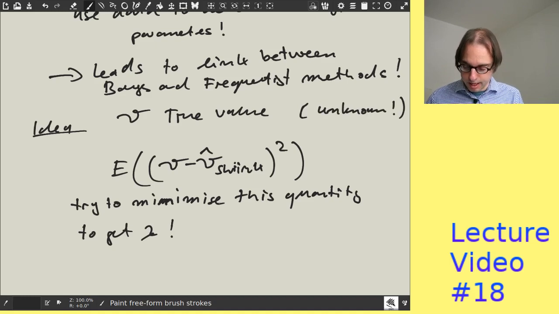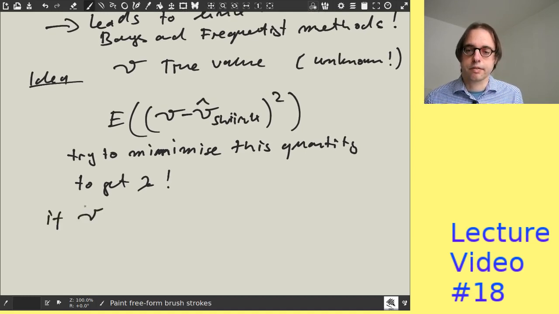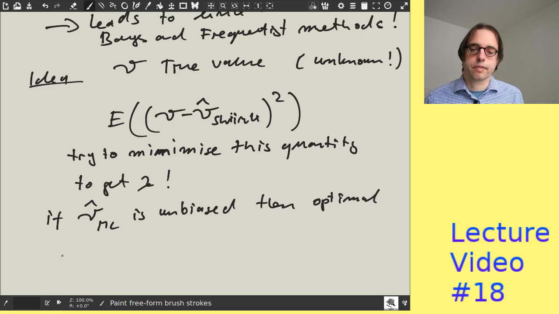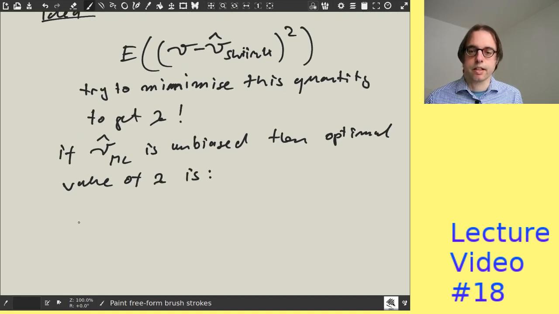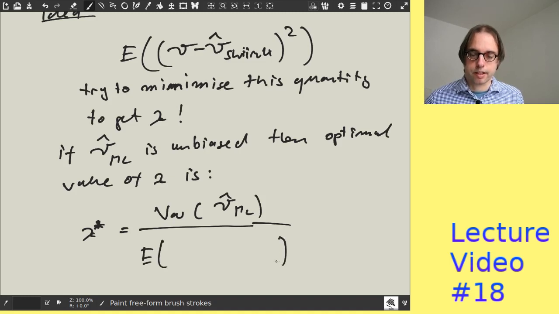But it turns out that if theta hat ML is unbiased, then the optimal value of lambda, which we call lambda star, is the ratio of the variance of the maximum likelihood estimator divided by something that is basically the fit, or misspecification, between the maximum likelihood estimate and the prior.